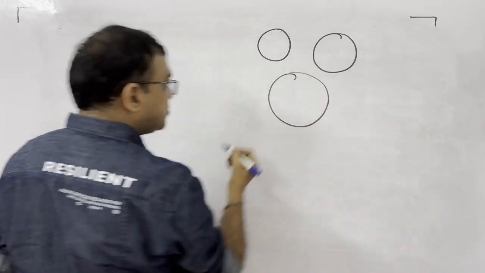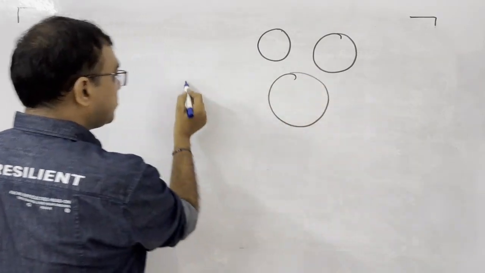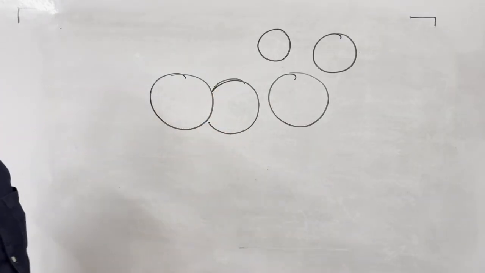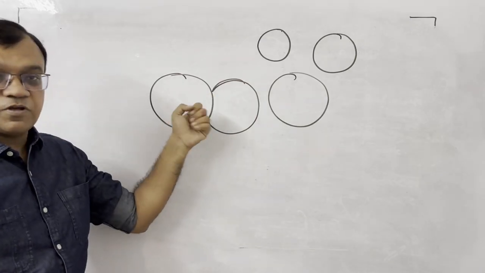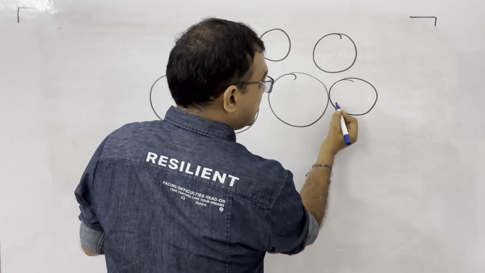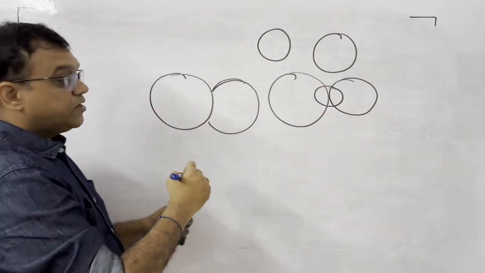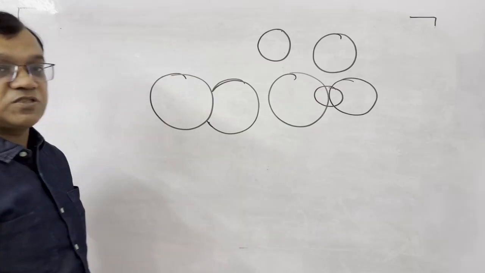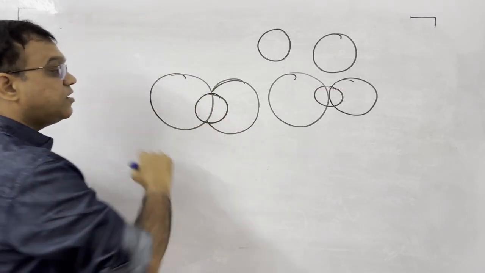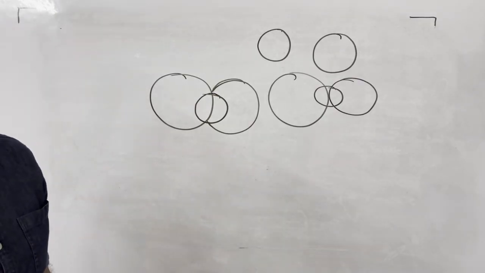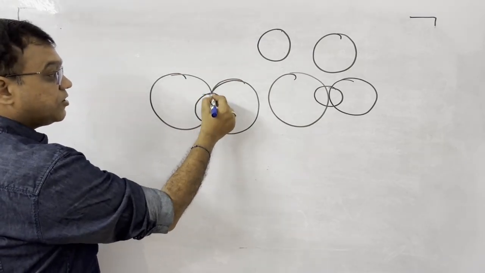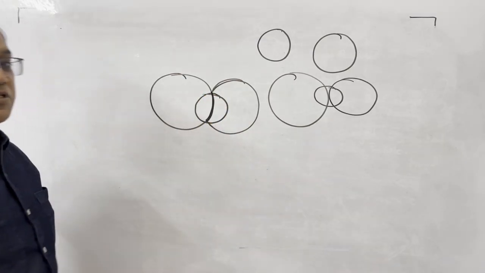Then sometimes you touch one soap bubble with the other one like this way, and when you simply touch them, then this won't be the shape. The shape changes something like this. So we are interested in finding the radius of the common surface, right? We are interested in finding the radius of curvature of the common surface.